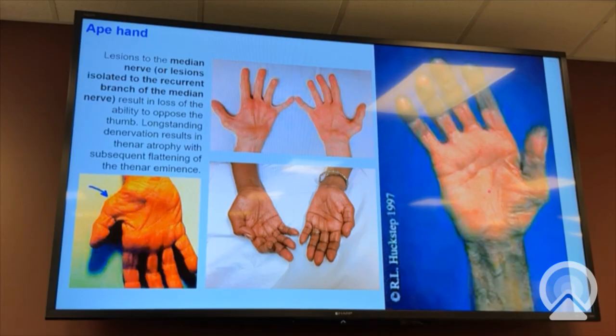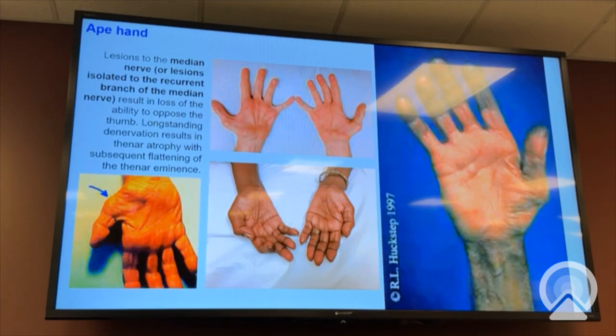Now, it's not as common anymore, particularly in places where people have great access to healthcare, because if they have persistent carpal tunnel, they're likely to go get that median nerve lesion in the carpal tunnel treated, and they wouldn't develop this. But definitely people could develop this if they just went on with chronic carpal tunnel syndrome and median nerve compression. It would end up being the same kind of injury. So that's the big takeaway.